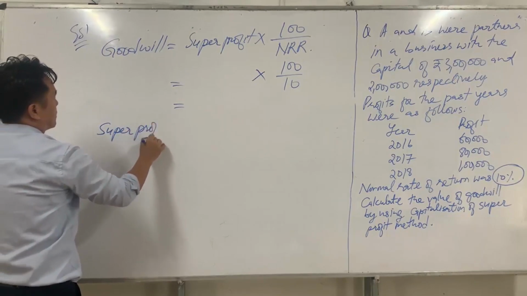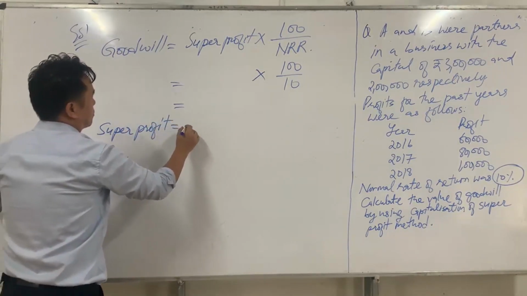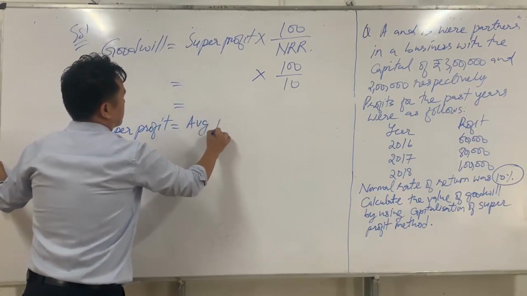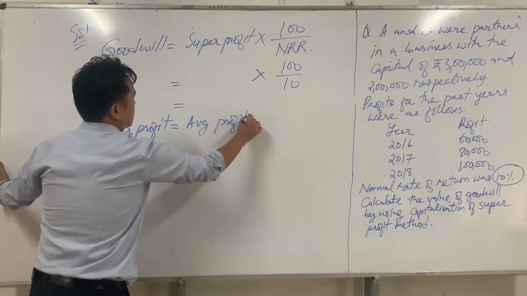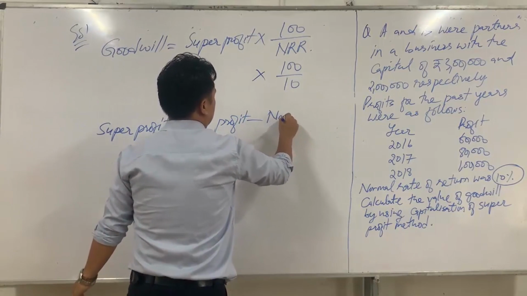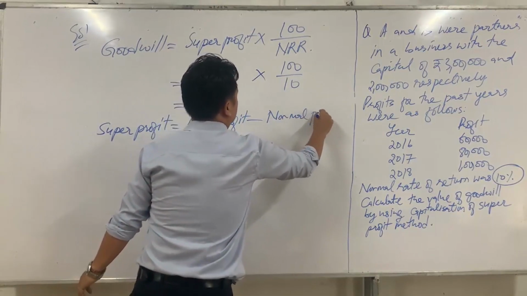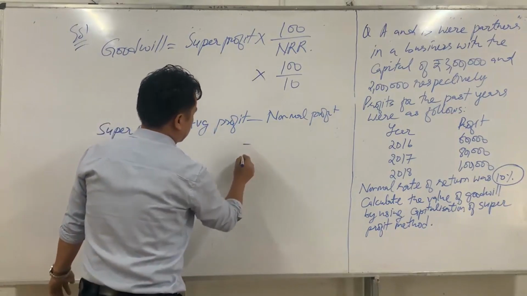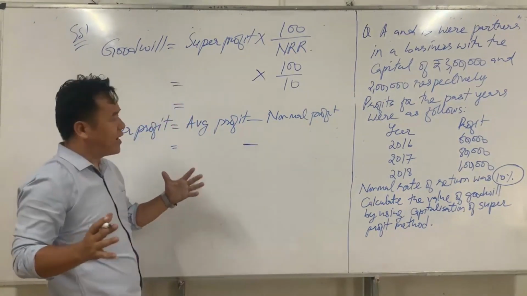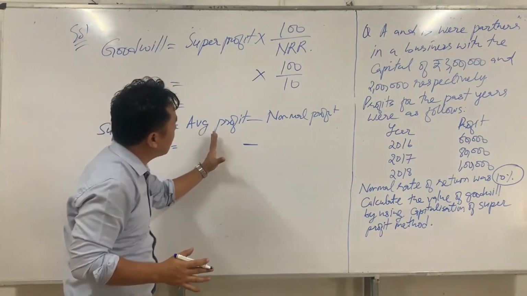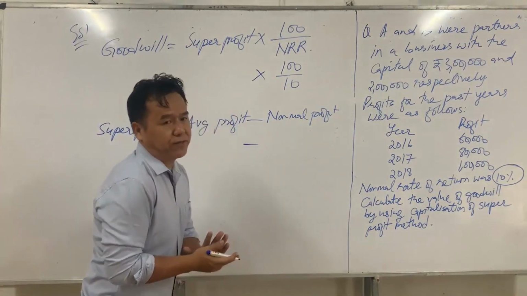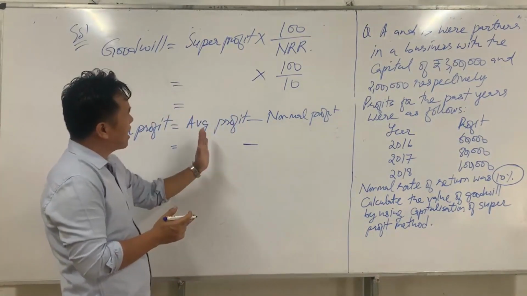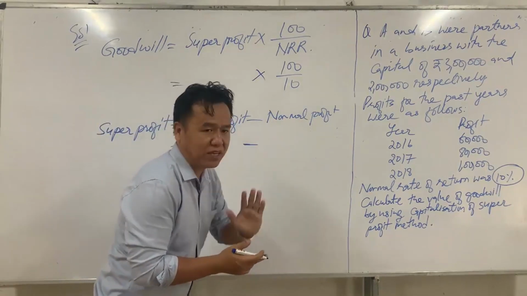Super profit is equal to average profit minus normal profit. So here we need to find the value of both average profit and normal profit, since information regarding both is not given directly.